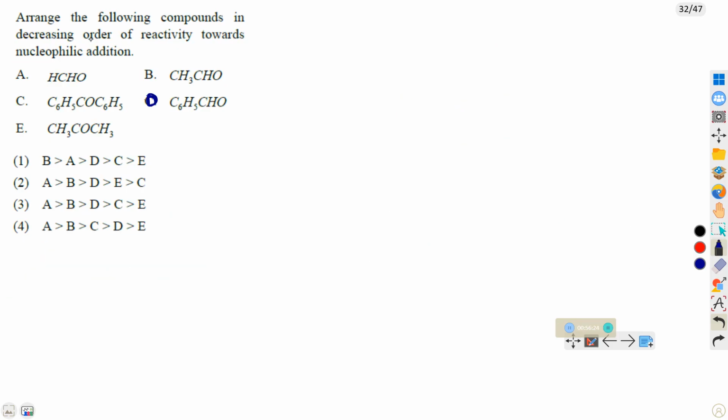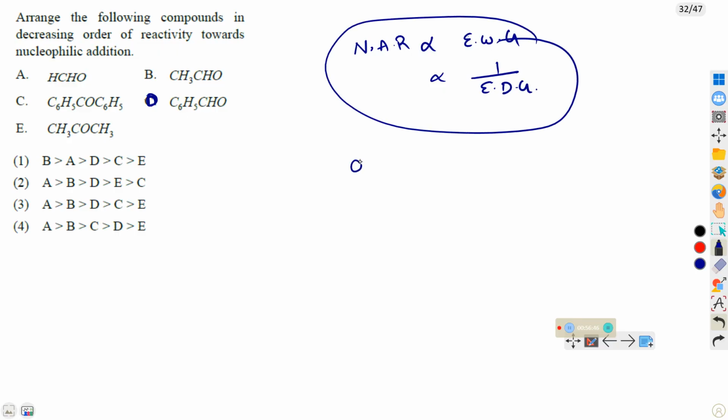Arrange the following compounds in the decreasing order of reactivity towards nucleophilic addition. Nucleophilic addition reactivity is directly proportional to electron withdrawing groups, inversely proportional to electron donating groups. This is the first condition. Second condition: aldehydes are more reactive than ketones.